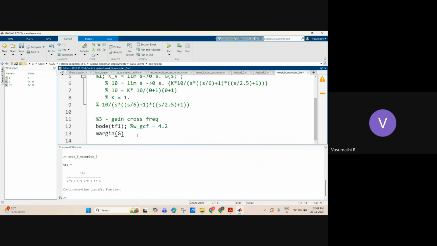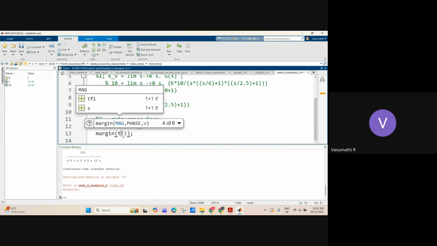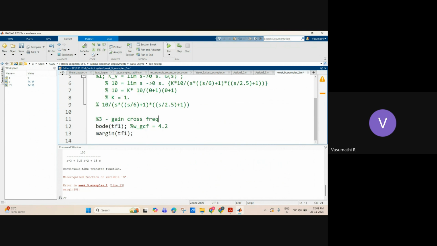We can do. Otherwise, if you want it specifically, this is another command you can use to get that. Yes, ma'am. Okay, sorry, not G. TF1 we have defined.